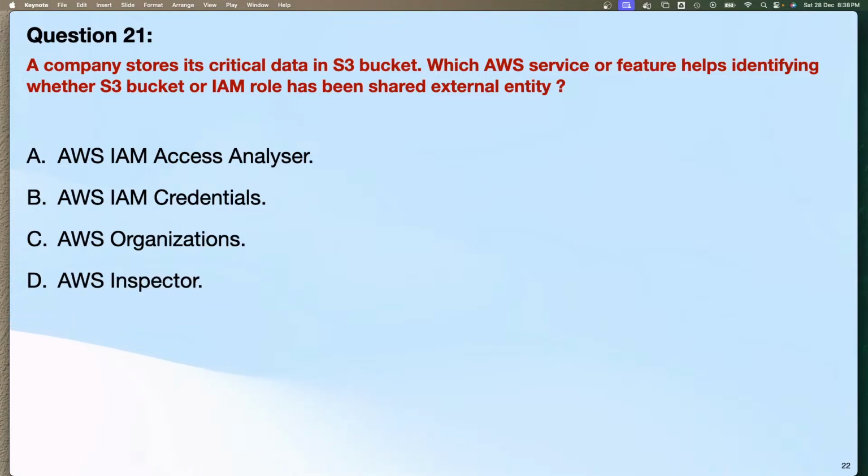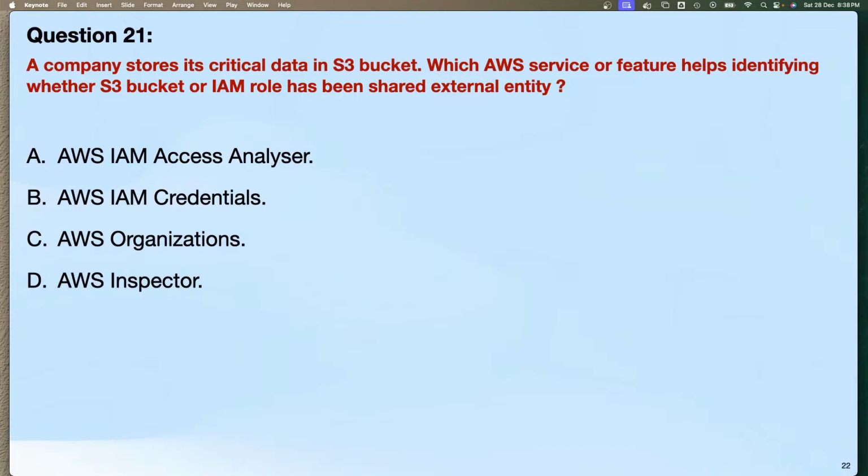and I was mentioning this in previous questions, right? AWS has IAM Access Analyzer so that you can analyze the access. AWS IAM credentials is primarily meant for programmatic access, so not B. AWS Organizations is meant for managing multiple AWS accounts.